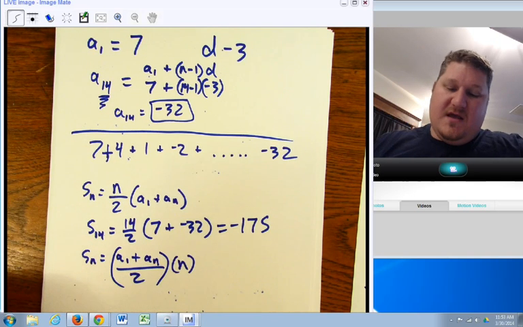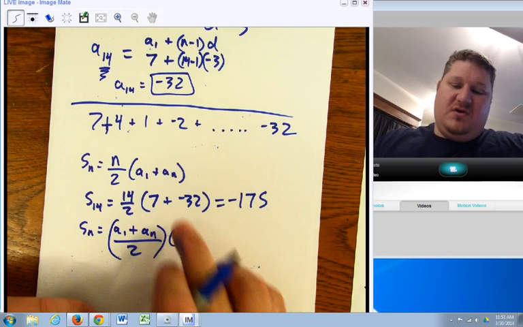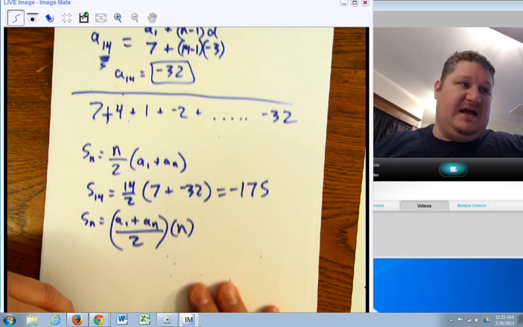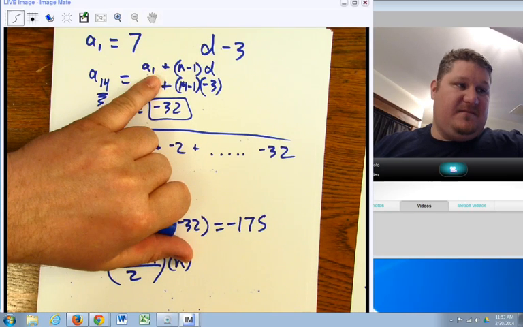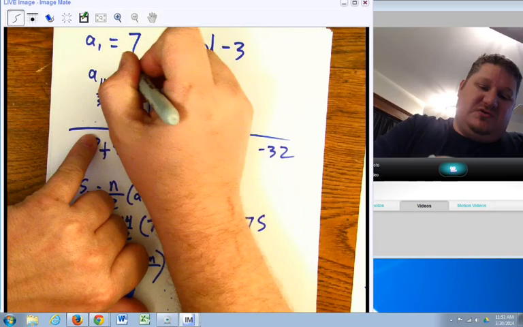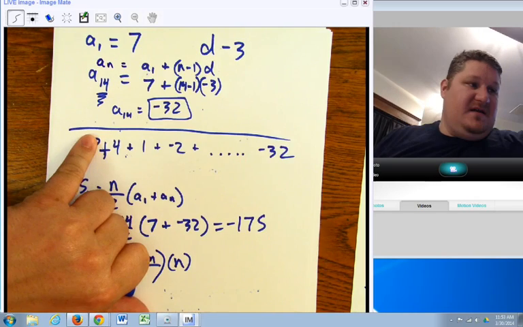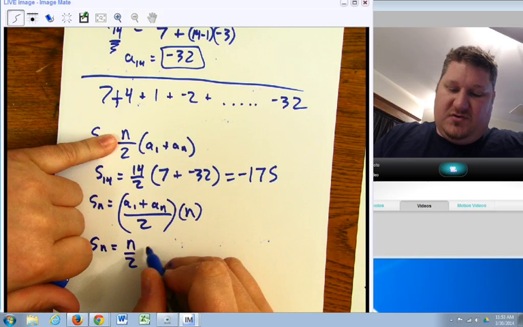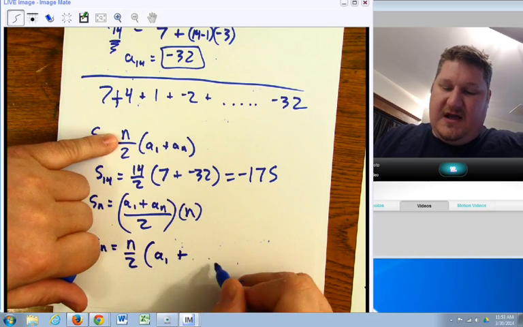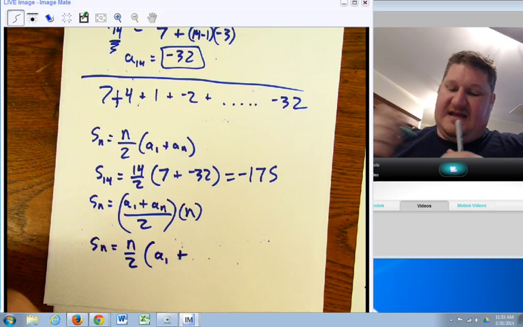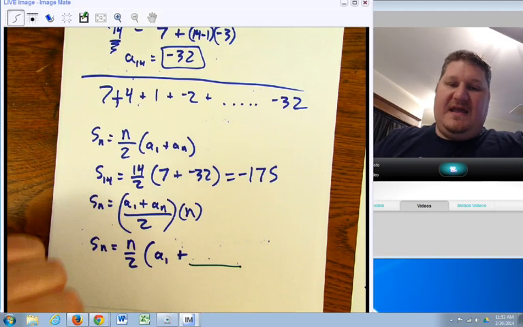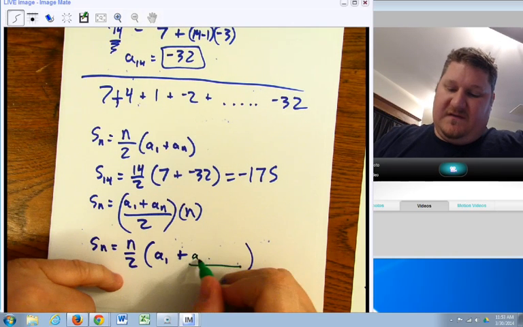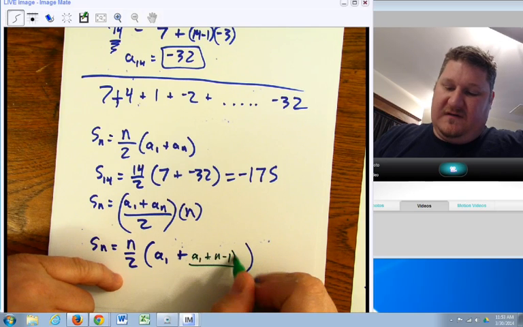Now, the problem is, if you don't know the last term, you're kind of stuck, unless we steal this formula from up here. If I know that this equals a sub n, then I could say S sub n equals n over 2, parenthesis, a sub 1 plus, and replace a sub n by its formula. Its formula is a sub 1 plus n minus 1 times d.